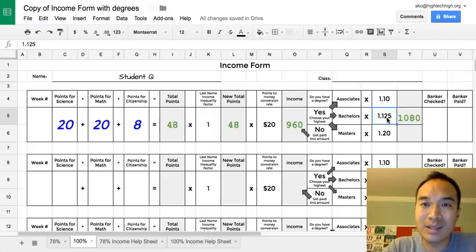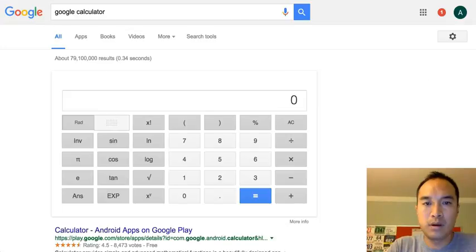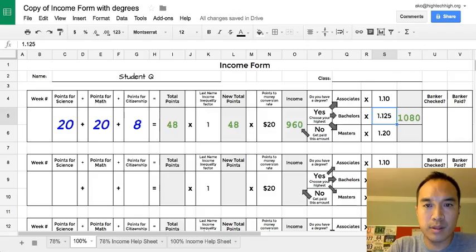Now there isn't an income help sheet, so let me pull up a calculator. All right, so here's our calculator. Thank you to Google. And we're going to type in some numbers. Again, we're going 960.